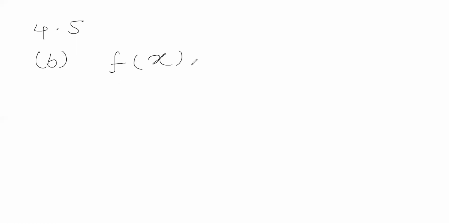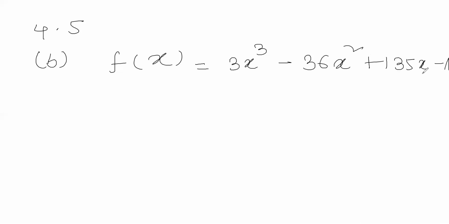So f of x is given as 3x cubed minus 36x squared plus 135x minus 13. Sorry, my bad. I will refresh this and write it for you again.